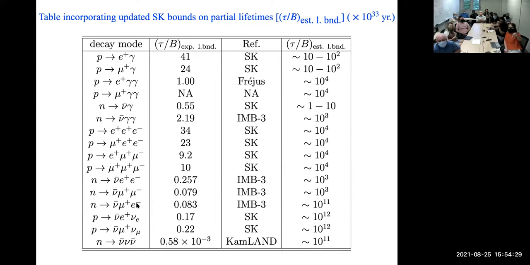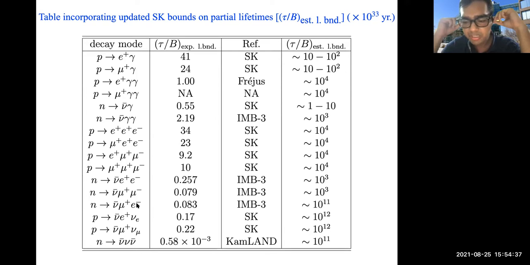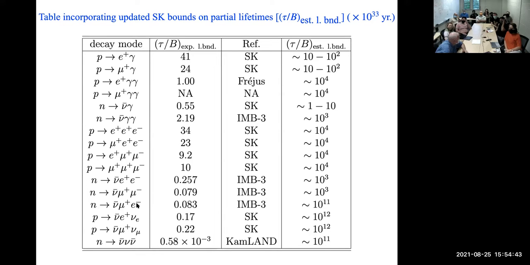Are they basically all based off of the experimental bounds for the first two rows? Is that accurate? Yes, we use experimental bounds on P goes to l plus M to infer bounds on, say, the other modes. You mentioned proton to pi 0 positron. It is not in this table.